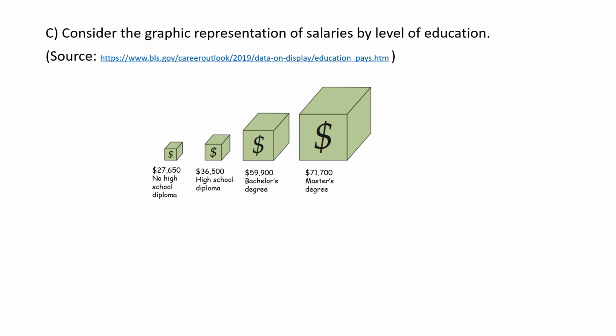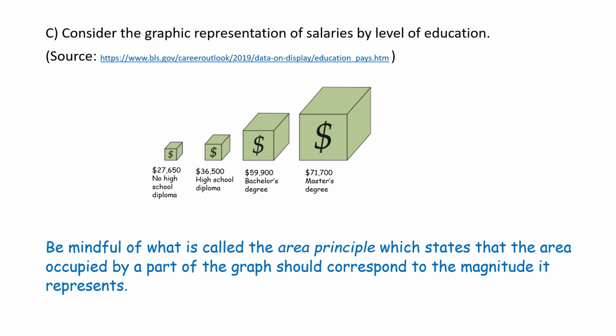For a high school diploma, the salary increases to $36,500. What happens, though, is you are showing a linear increase, but representing it by area. Let's be mindful of what is called the area principle, which states that the area occupied by a part of the graph should correspond to the magnitude it represents.